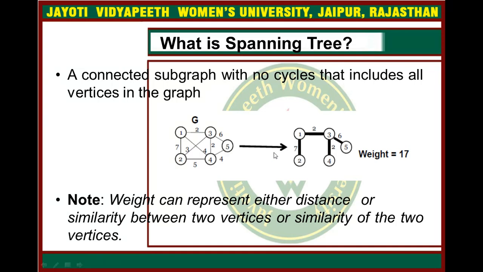There is no cycle, means you can see from 2 to 1 to 3 either go to 5 or 4, means in between there is no connectivity between the 2 and 4, so there is no formation of any cycle. So if you add 7 plus 2 is 9, 9 plus 2 is 11, 11 plus 6 is 17, so total weight is 17. Edge weight can represent either distance or similarity between two vertices.